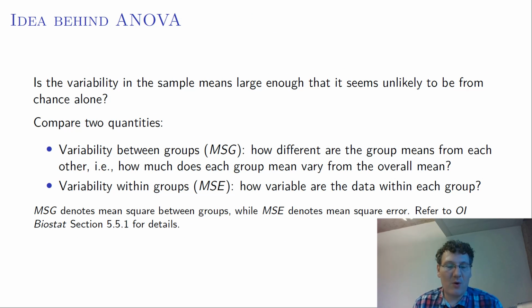So we're looking at two quantities. First, the variability between the groups: how different are the group means from each other? In other words, how much does each group mean vary from the overall mean? And then, within each of these groups, we're looking at how much variability there is in the data.